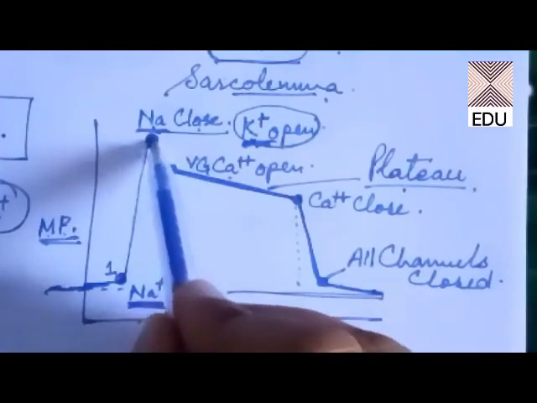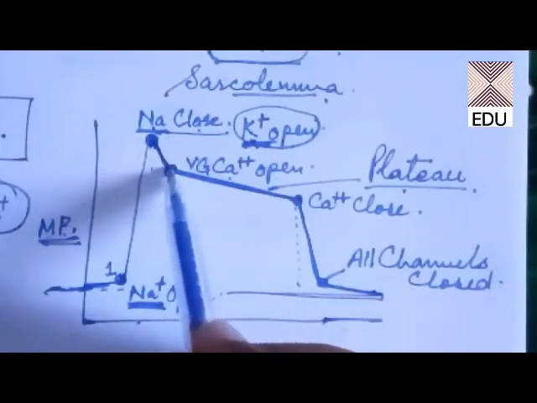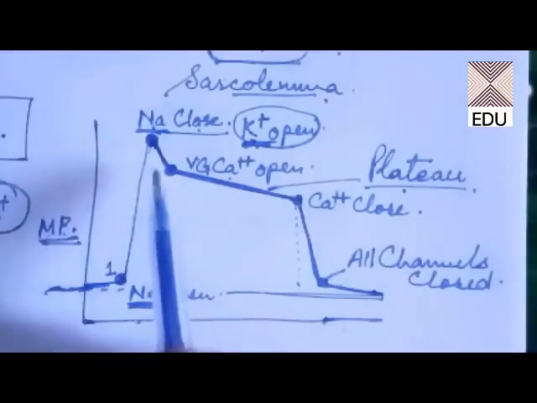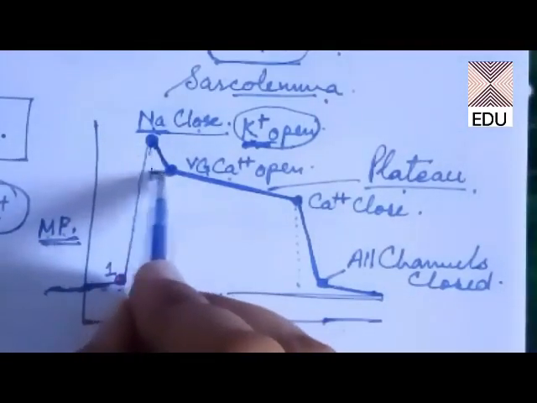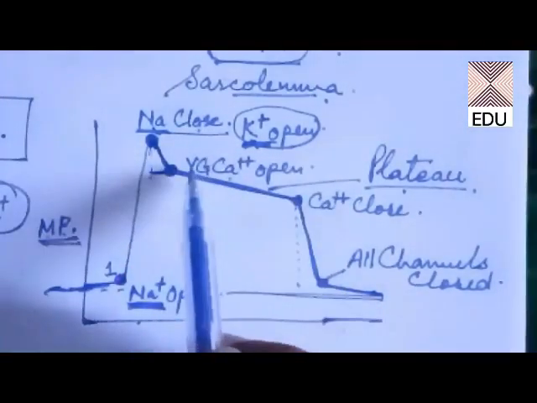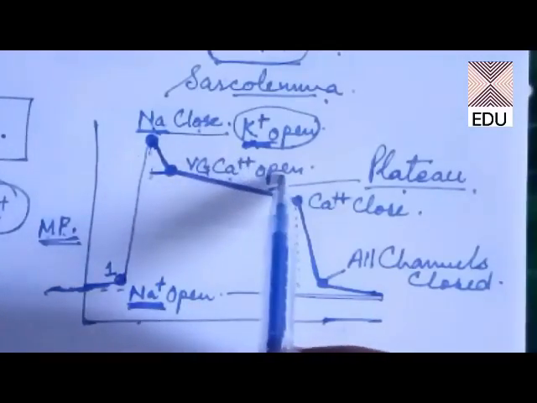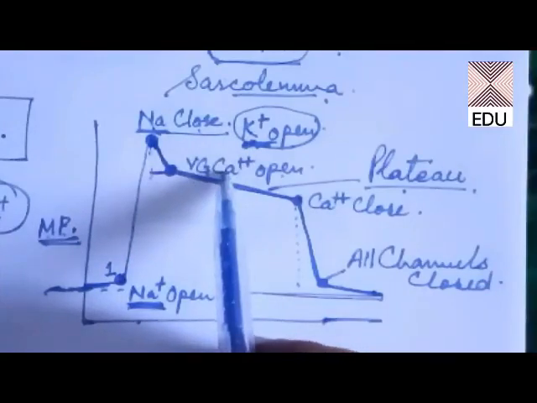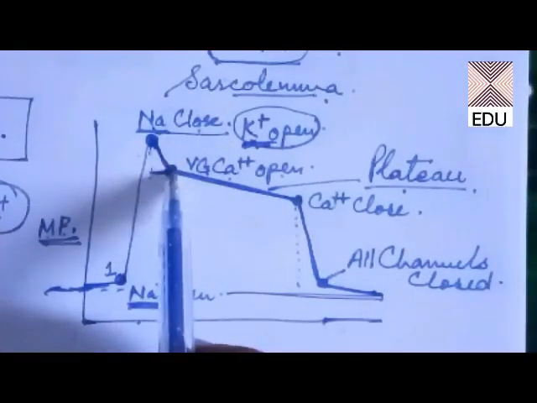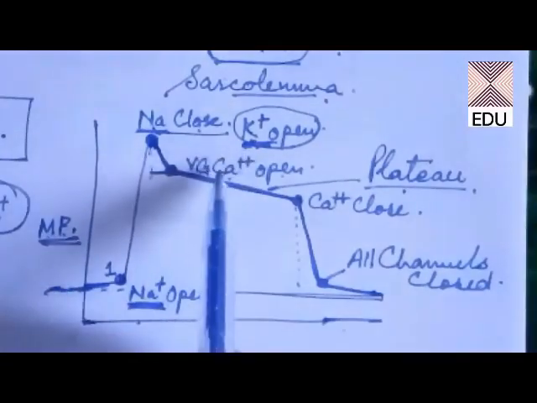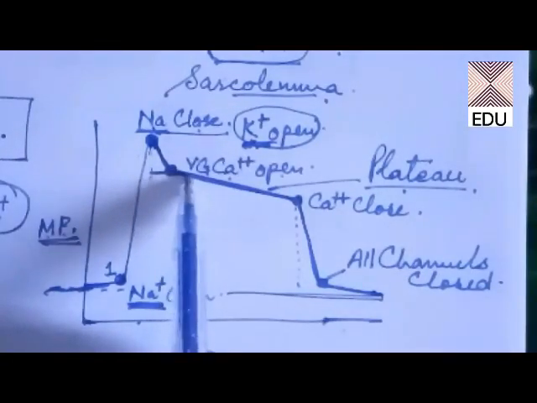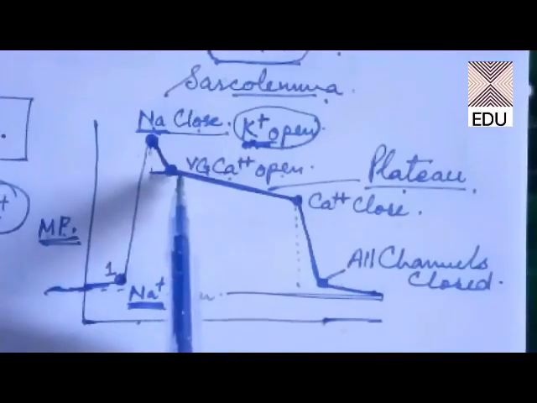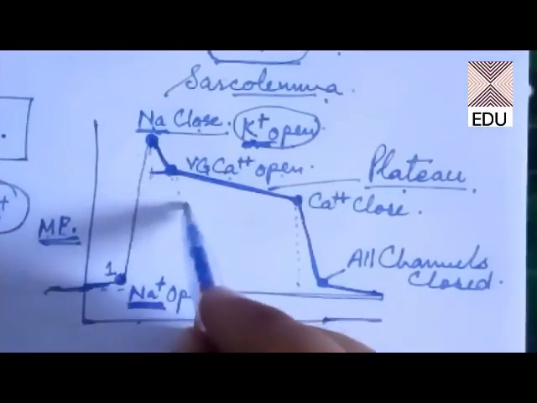So there is a drop in the membrane potential. After a certain time, the voltage gated calcium channels open. So now we have potassium and calcium channels open at this point. Due to the presence of calcium and potassium ions, the membrane potential is decreasing but is not going this way.